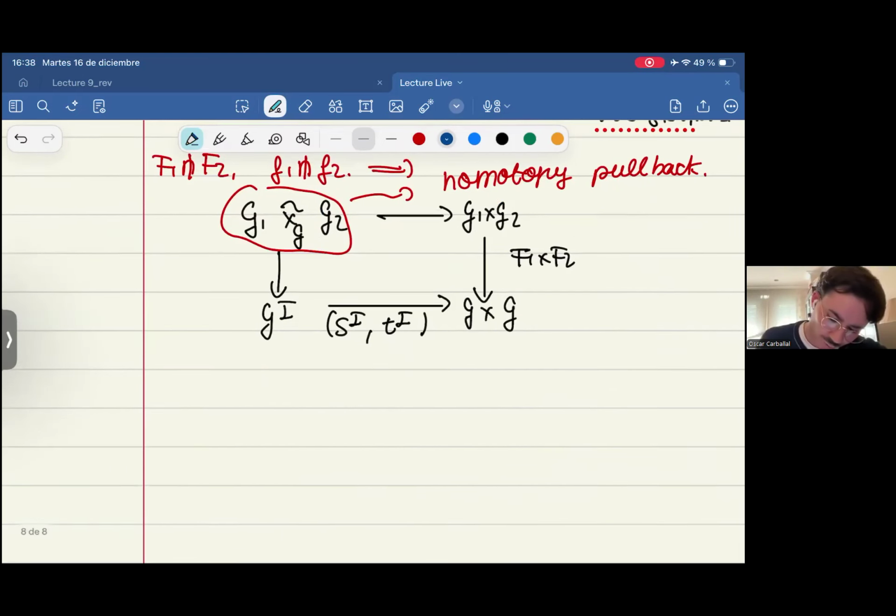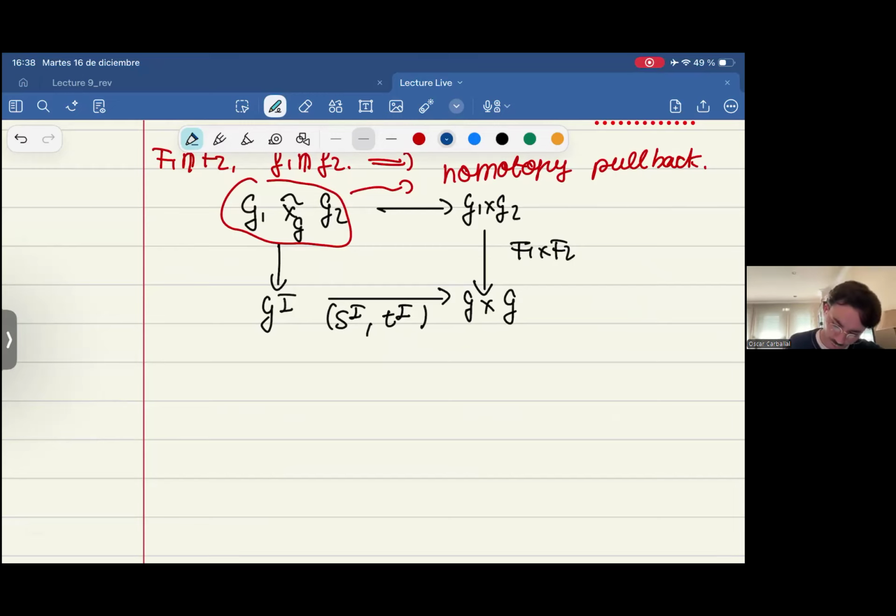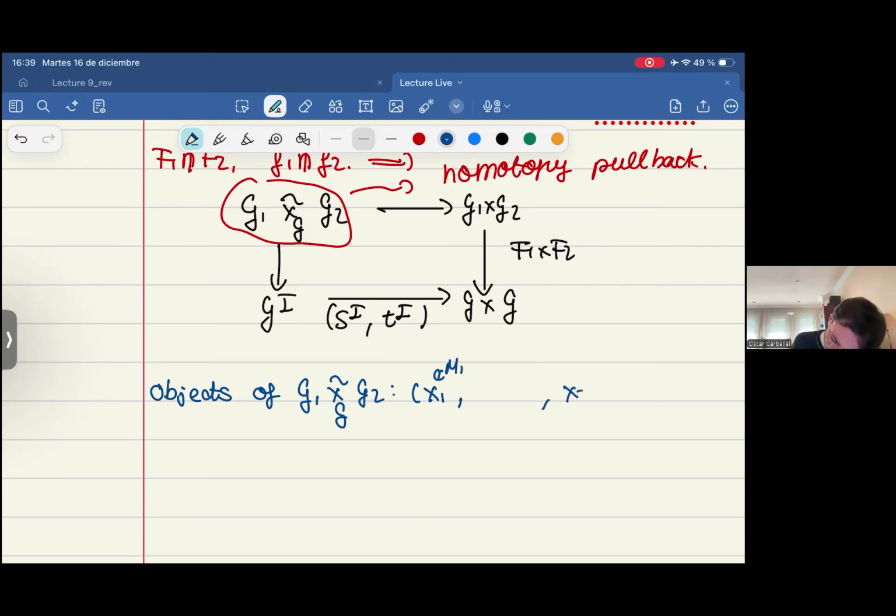If you want a very concrete description of this homotopy pullback, the objects are precisely triples of this form: a point x1 belonging to M1, a point x2 belonging to M2, and an arrow of G joining the images F1(x1) and F2(x2).